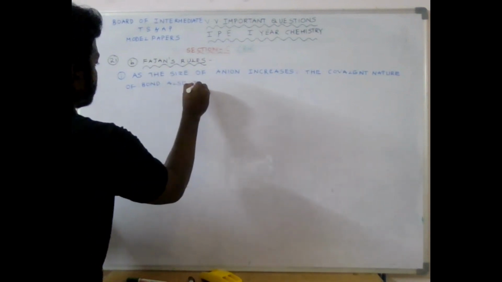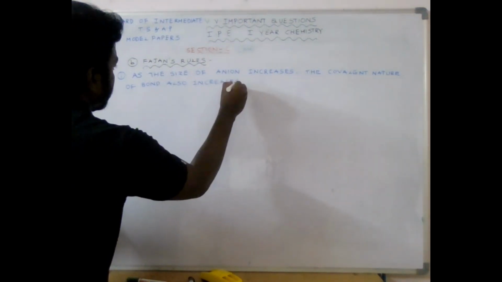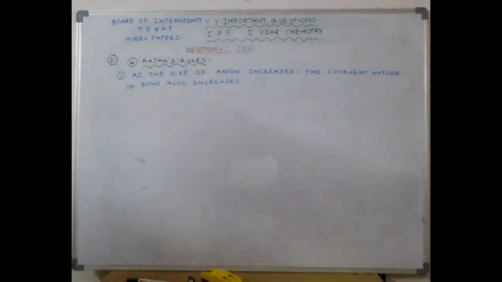This is the first rule. It means that if the size of the anion is more, then the covalent nature is also more. As the size of the anion increases, the covalent character of the bond also increases.